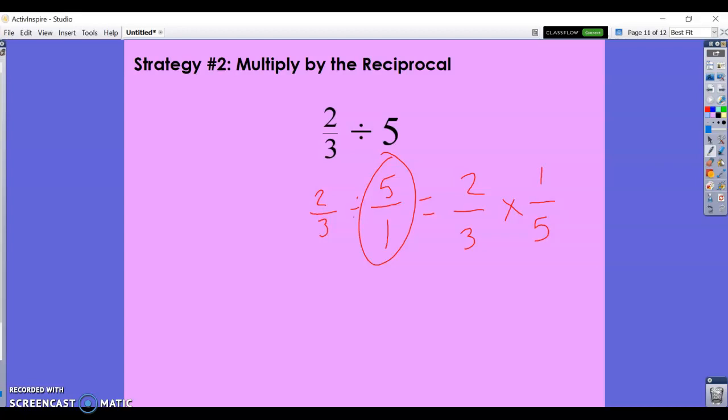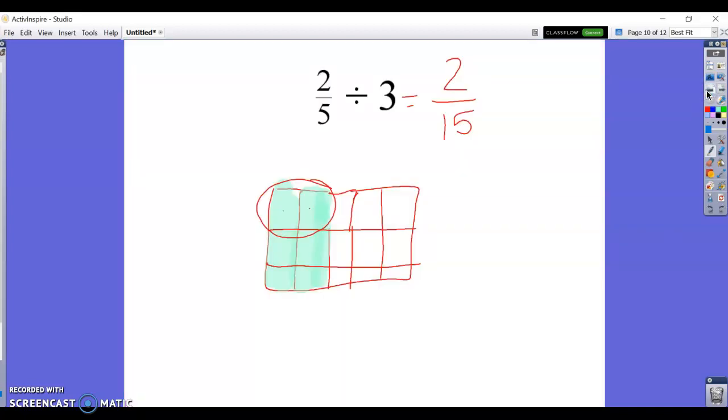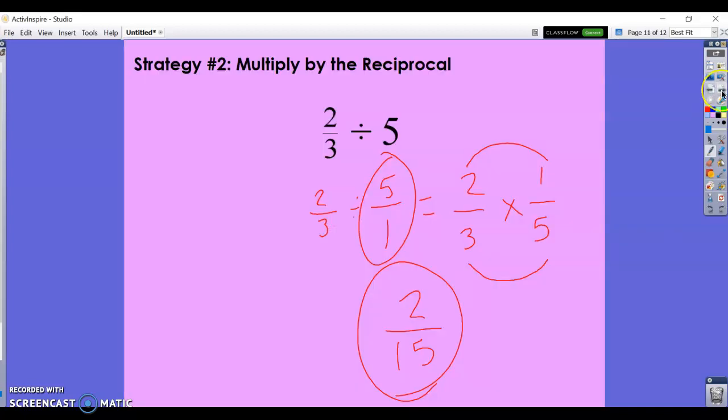And if I multiply 2 times 1, that gives me 2. And if I multiply 3 times 5, that gives me 15. Okay, so we have the same problem. All I did was multiply by the reciprocal and I got the same answer.